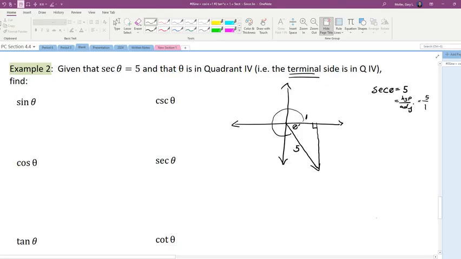Now, is it possible that the hypotenuse could be 25 and the leg could be 5? Because 25 divided by 5 is 1? Yes, it could be. We're just going to use the smallest, most basic one we can find and not sweat it. Because all I want is the ratios anyway. It doesn't really matter. It'll all work out in the end. You're just making it harder on yourself if you pick other values that divide to be 5.